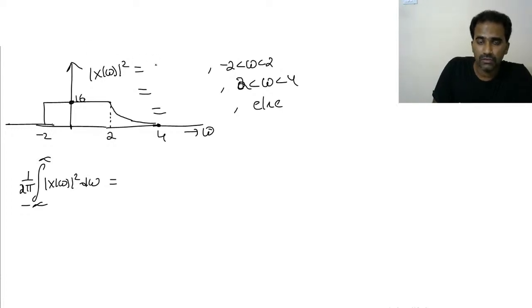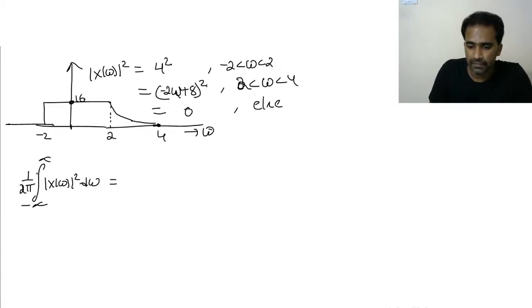So it is 4 square, and minus 2 omega plus 8 is the equation for x of omega in this region, so just square it. And 0 here, 0 square is 0 only. Okay, wonderful. So we got the x of omega whole square equation.